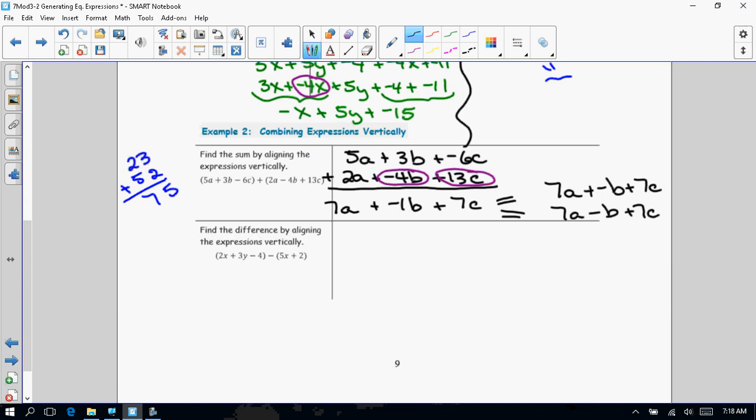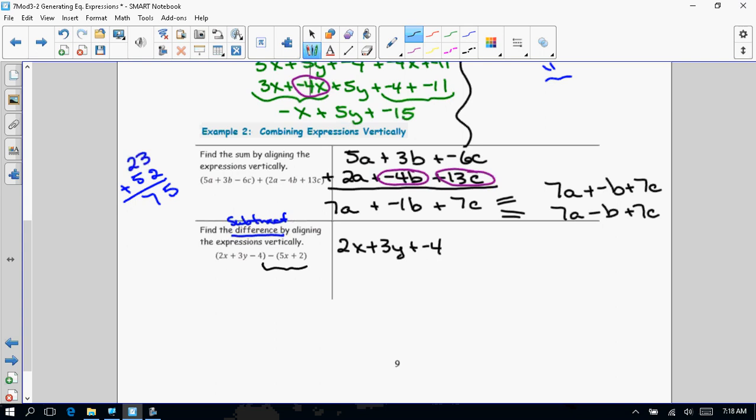All right, find the difference by aligning the expressions vertically. So now we're finding difference, right? Difference tells me I'm going to subtract. Okay, remember that. So I'm going to subtract these this time. So I'm going to write this out as 2x plus 3y plus negative 4, exactly like we had earlier. I'm going to SMATO this. Then I'm going to SMATO the next part, okay?